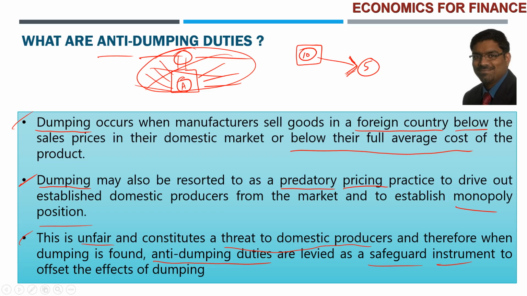Dumping is generally resorted to by the exporters themselves, maybe to get rid of excessive stocks that they have, or to capture a market with predatory pricing. That is the private decision of an exporter, which is countered by a government by levying anti-dumping duty.